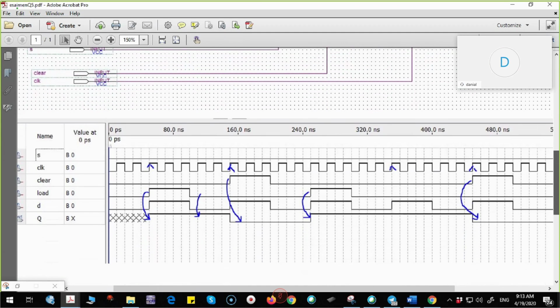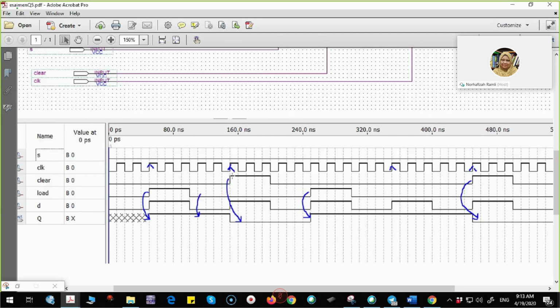Yes. And let's see the action for clear. Here. Yes. Clear the output is 0. But it looks like sebenarnya dia ada violation a bit here tau. In your diagram, the clear is changing right at the same time the clock changes.